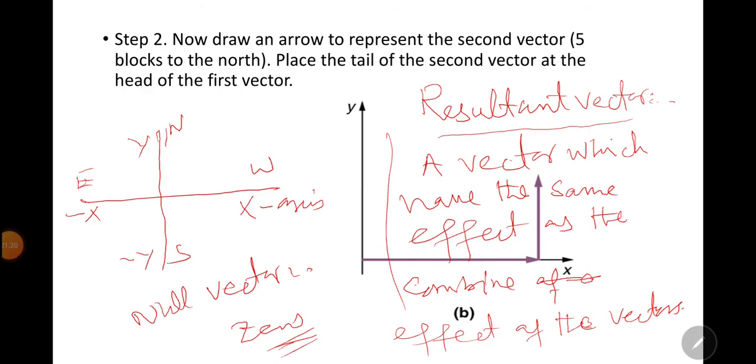Now, a vector can be represented by writing a symbol with an arrow over it.